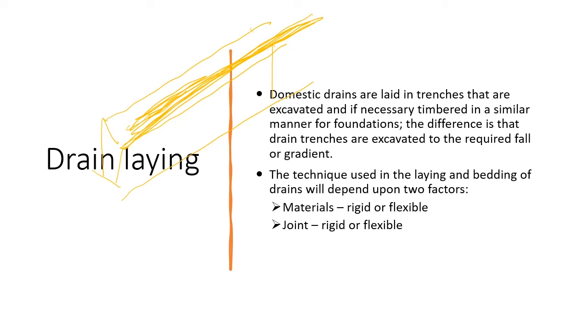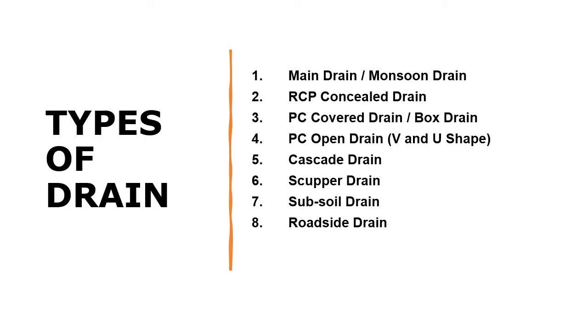Two factors on the technique used in laying and bedding of drain: material and joint, whether it is rigid or flexible. 8 types of drain: main drain or monsoon drain, RCP concealed drain, or reinforced concrete pipe concealed drain, precast concrete covered drain or box drain, precast concrete open drain, V and U shape, cascade drain, scupper drain, subsoil drain, and roadside drain.